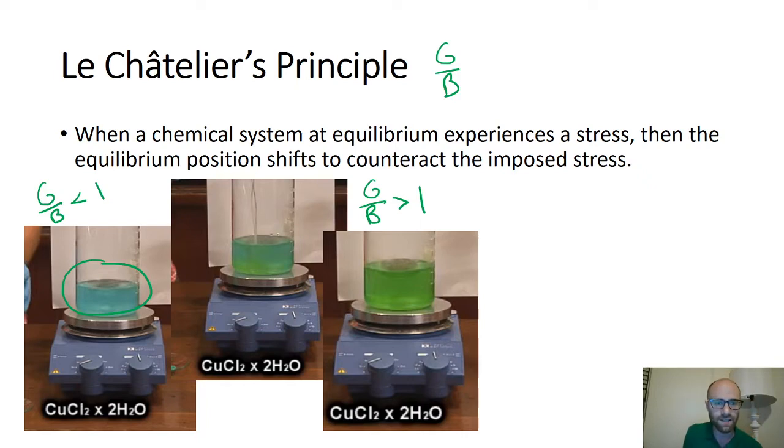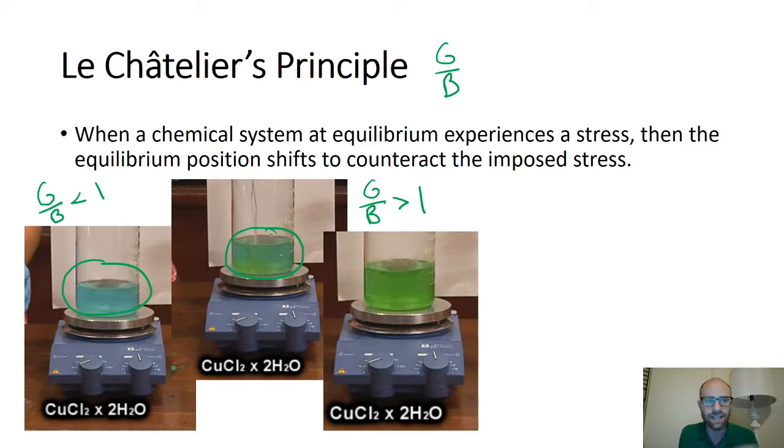In the middle, as we were adding the chloride, the color was starting to change. There were some areas that were greener and some areas that were bluer, and if you let it sit, it would finish out and land at some color in the middle where maybe the green to blue ratio was 1 for a brief moment, but it was in transit from one ratio to another.